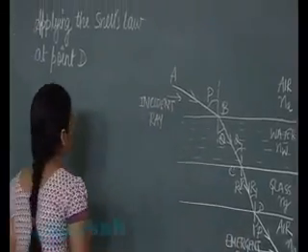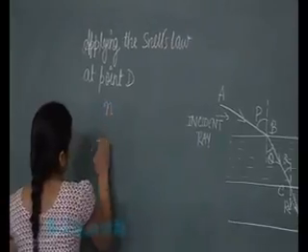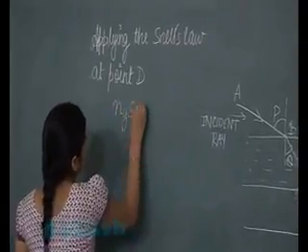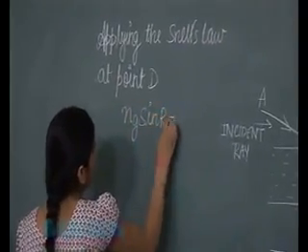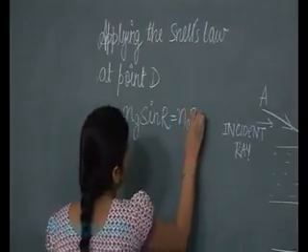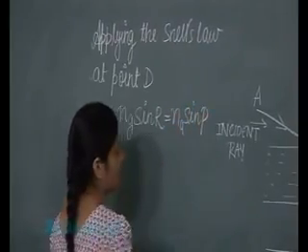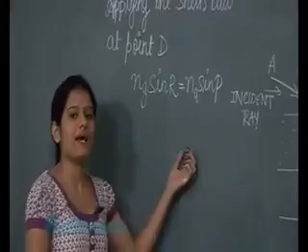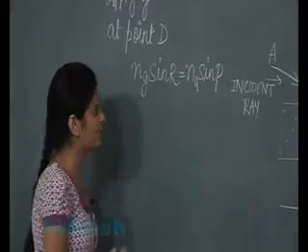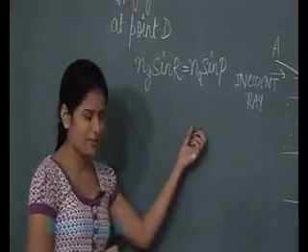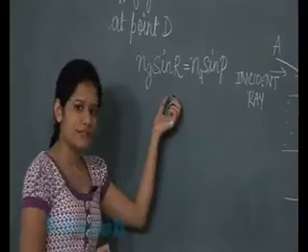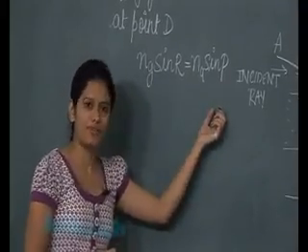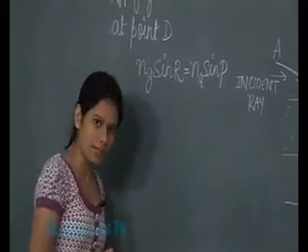So by applying Snell's law at point D, we get Ng sin R is equal to Na sin P, where Ng and Na are the absolute refractive indices of glass and air respectively. R is the angle of incidence and P is the angle of refraction for the glass and air boundary.